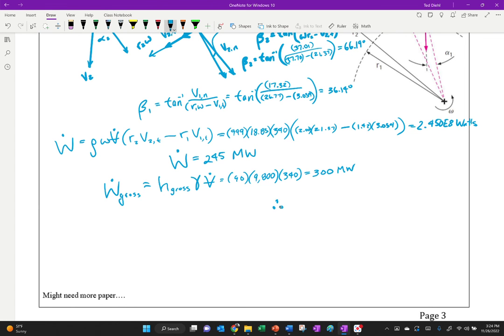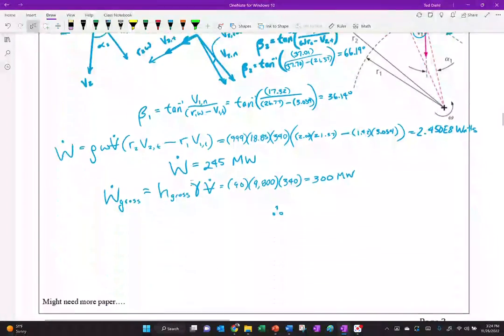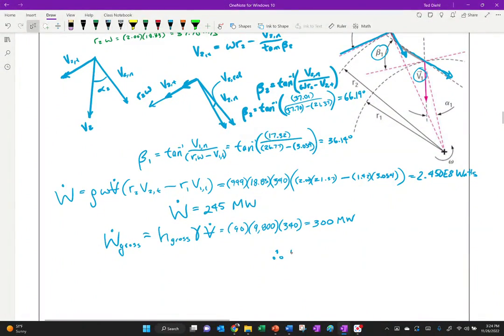Therefore, the question was, is this feasible, right? Calculate and predict the power output and required net head. We actually had the required net head. I didn't calculate that, but so it would be, therefore, yes, feasible.